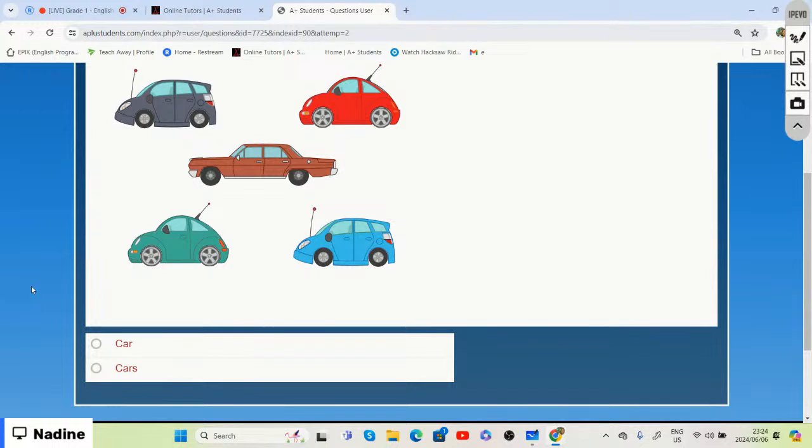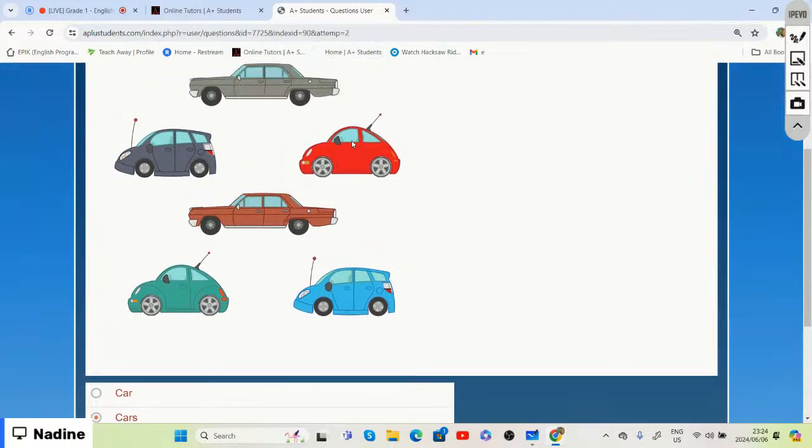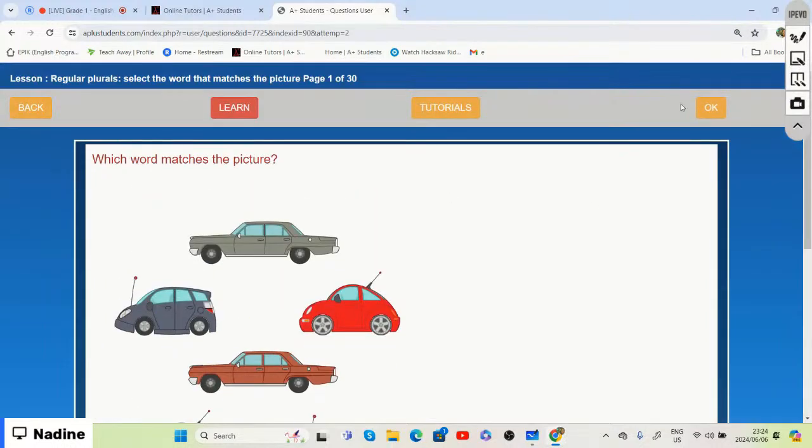All right, and if we were to choose the correct one, we will say that this is cars with an S, right? Because there is more than one car. There are six cars.